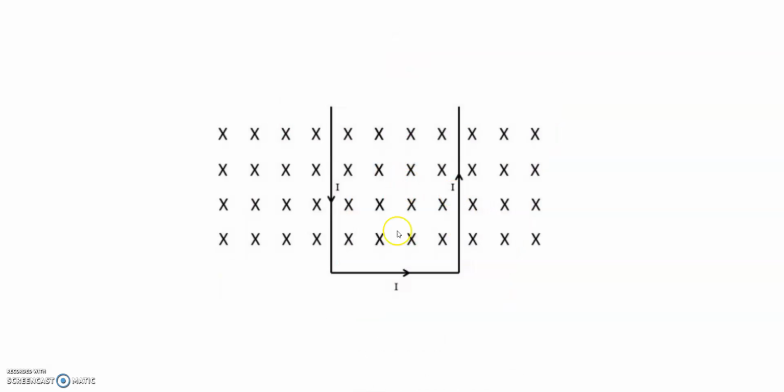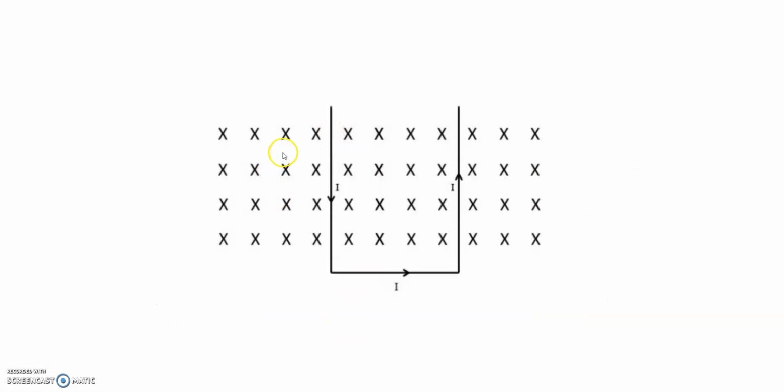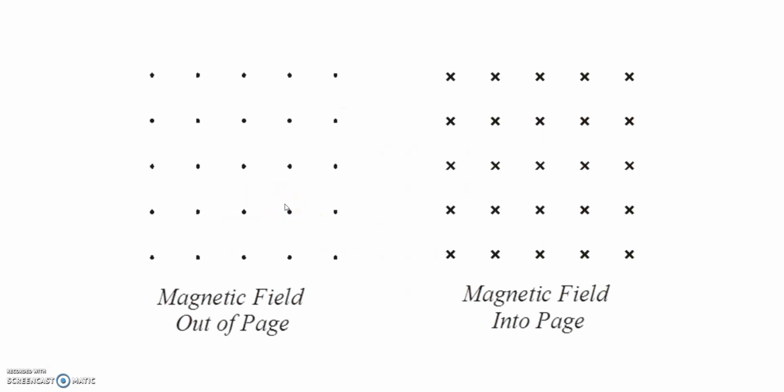All right, so this is what a typical right-hand rule problem might look like. Just to go over the anatomy of this, it might give you a bunch of X's like this, and these actually denote the direction that the magnetic field is pointing in. For example here, we see that the magnetic field is pointing into the page, denoted by X's, and if it's pointing out of the page, as you can see here, that'll be denoted by dots.